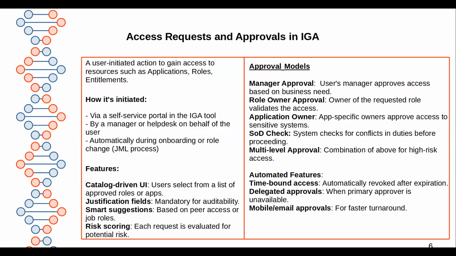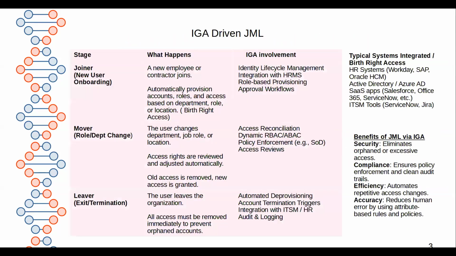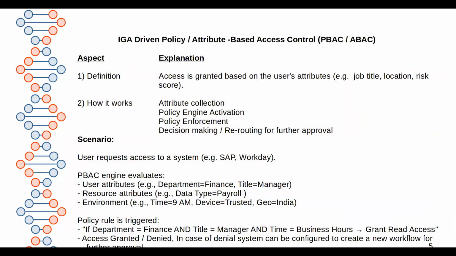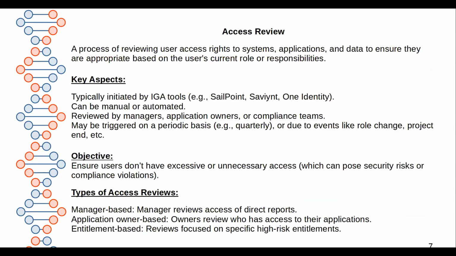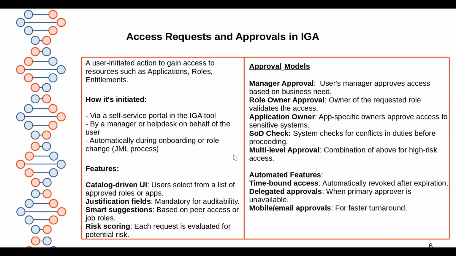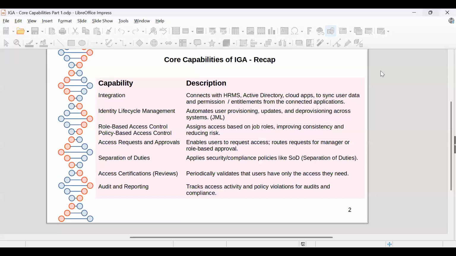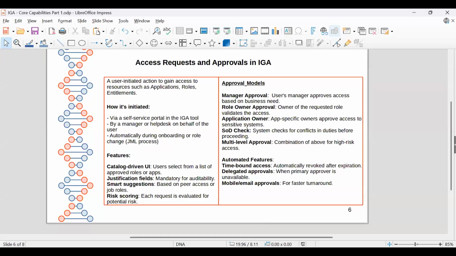A user can go there and use that self-service portal. All the listed entitlements, roles, and applications will be available. And where is this coming from? This is coming right from the first part where we talked about the integration. I hope you remember I was talking about the integration, the very first. Let me reshare my screen. Let me share the entire screen rather.